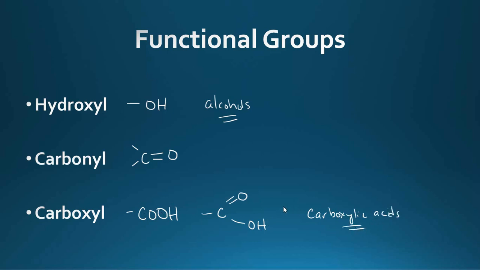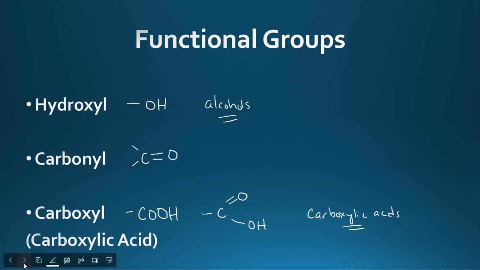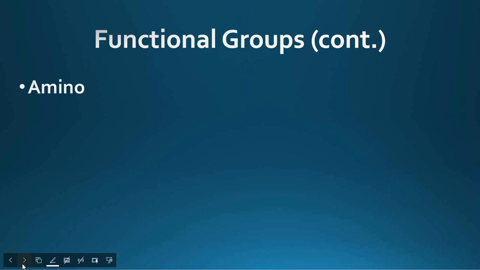And when we look at amino acids later, we're going to see that the carboxylic acid group is bonded to an amino group. And that's where the name amino acid comes from. Again, carboxylic acid. Amino group. This is the only group that has a nitrogen in it that we're going to talk about.